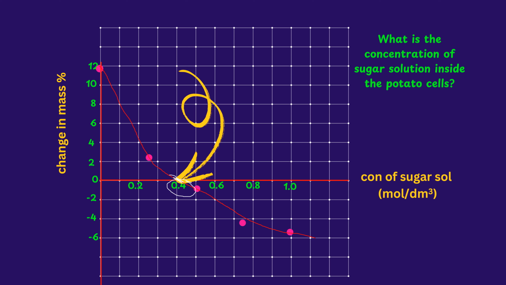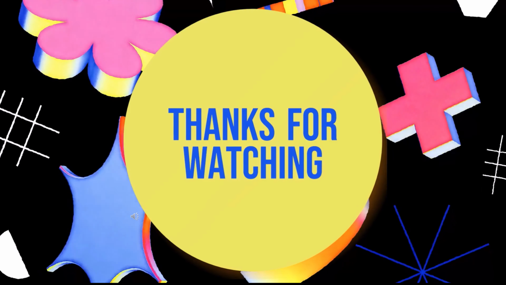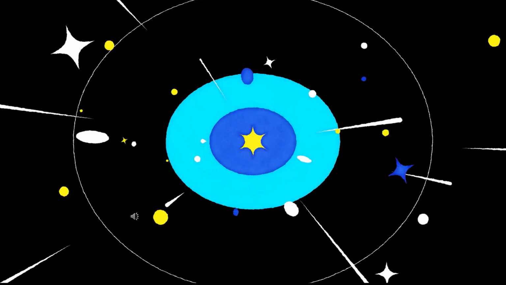The answer is wherever the potato is not gaining or losing mass, that is where you'll find your answer for the concentration of the potato solution. So on the 0 mark, where there is no increase or decrease in mass, that answer is 0.4 moles per dm cubed.